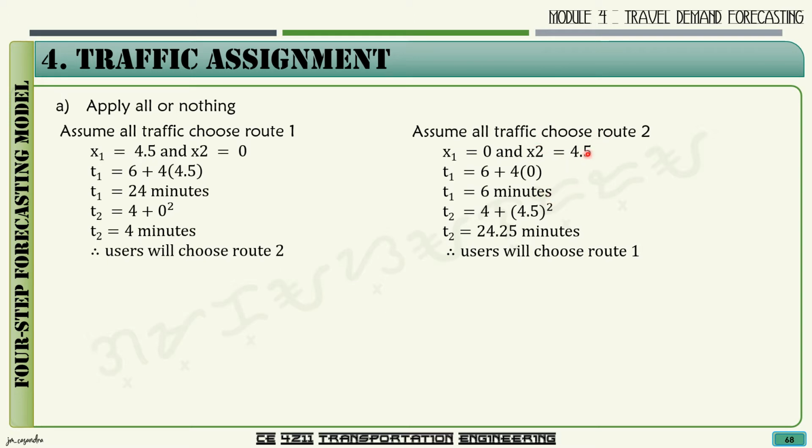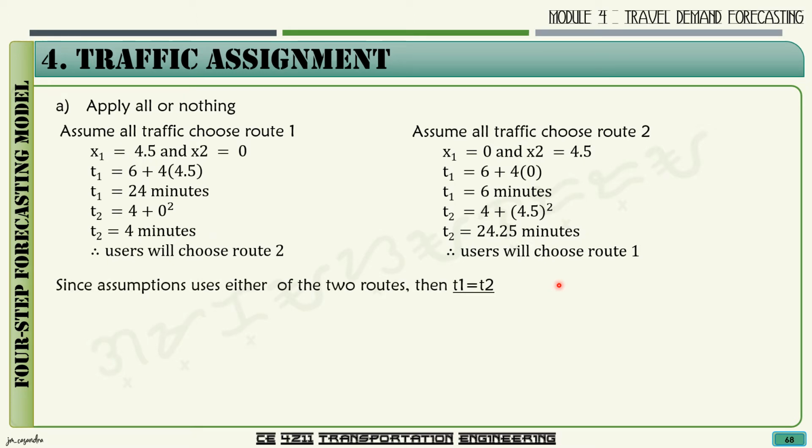Same goes if all traffic chooses route 2, as an additional user, you will now be choosing the shorter period of travel, which is T1, at route 1. So that's for all or nothing.